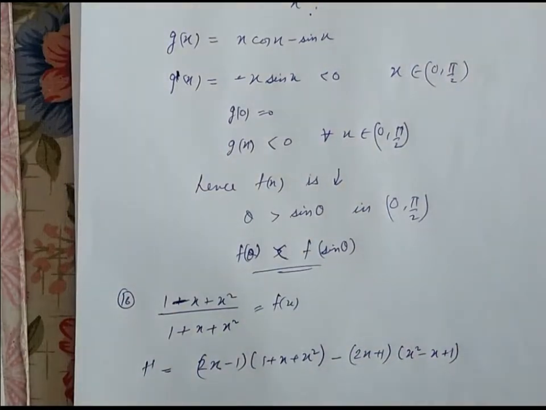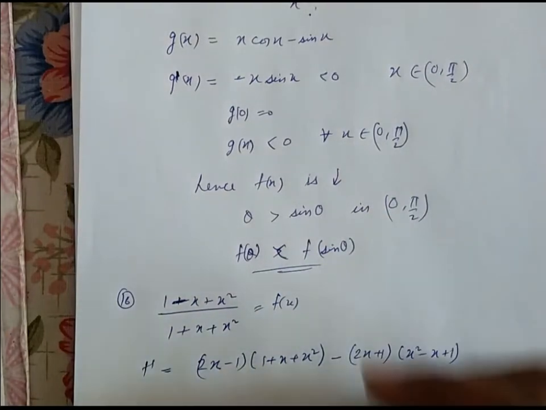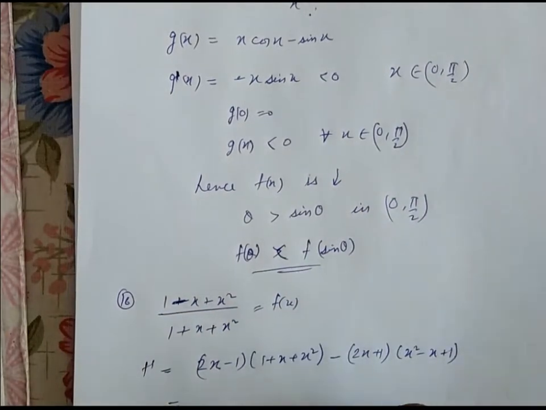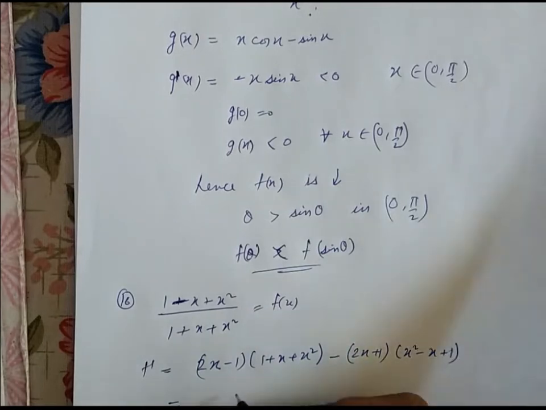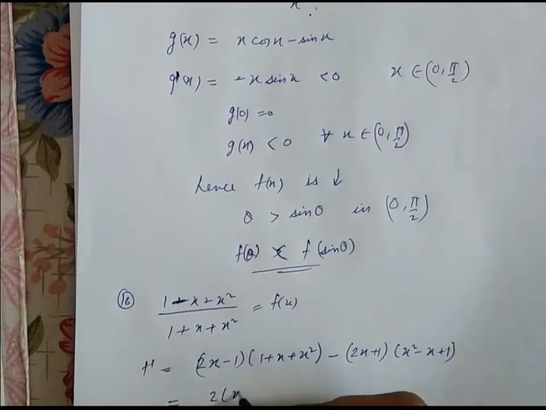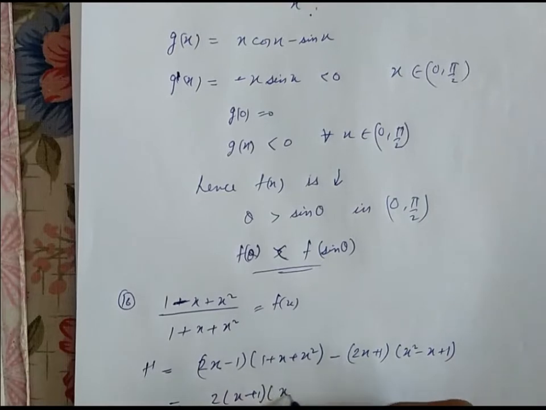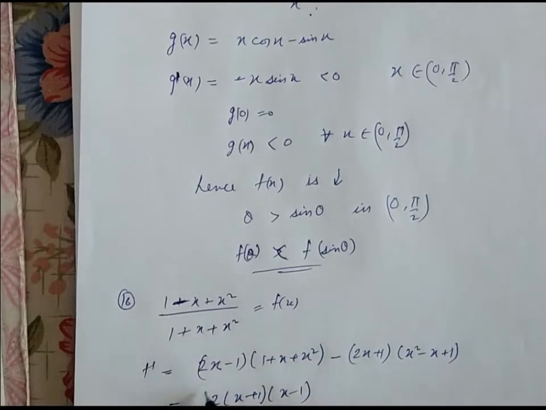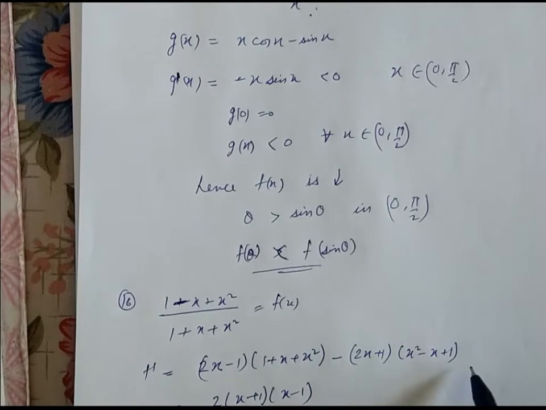Okay, so this can be simplified as twice of (x plus 1)(x minus 1). We are leaving out the denominator just because the denominator is always going to be positive.